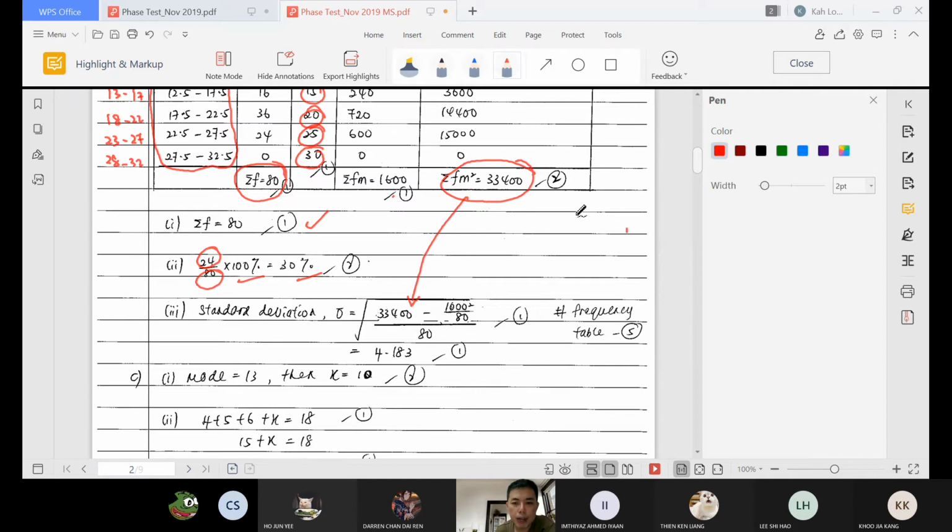Your formula will be variance is sigma fm square over sigma f, minus sigma fm over sigma f, squared. So this is a variance. You can do one shot if you want, so you don't need to put the sigma square. You can put directly the square root of the whole thing, so you get 4.183.